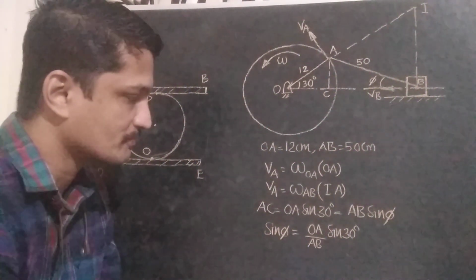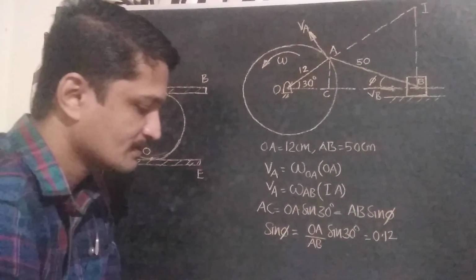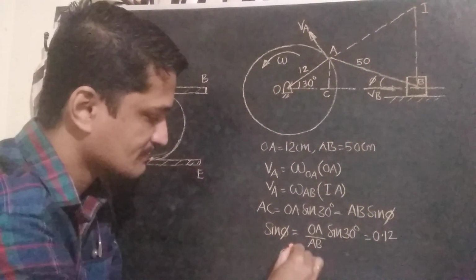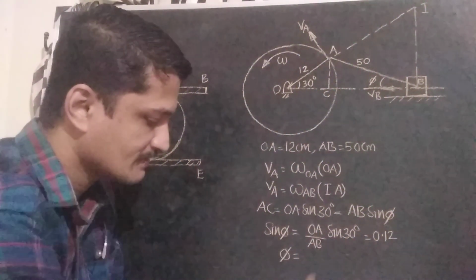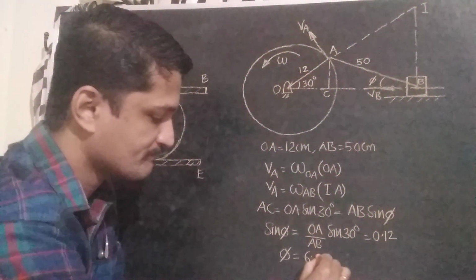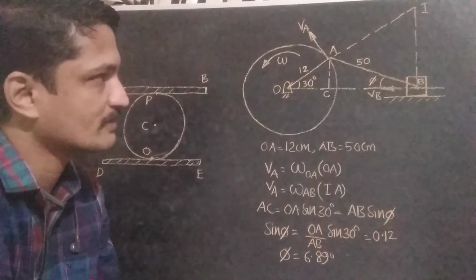That is equal to 0.12. Then we can easily find phi as sin inverse of 0.12, that is equal to 6.89 degrees.